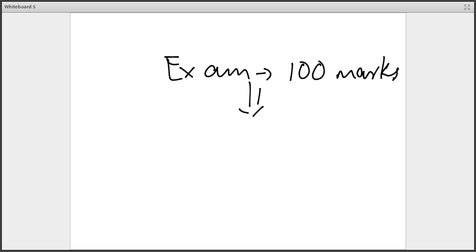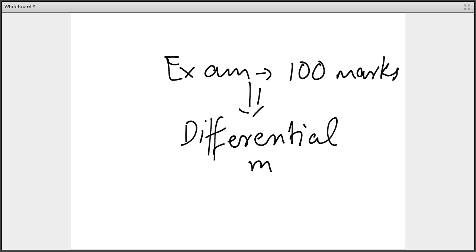There is going to be differential marking. What do I mean by differential marking? It means that questions in a particular section will have a certain weightage and it might not be the same as the questions in another section. For example, you may have quant questions of 1 mark each.